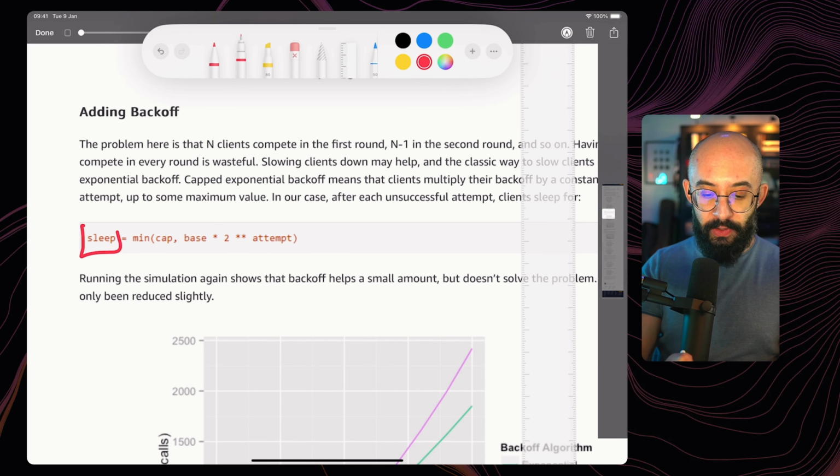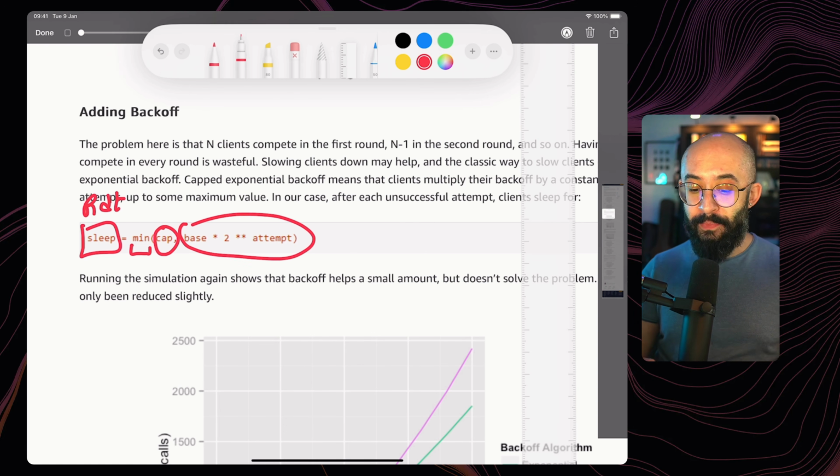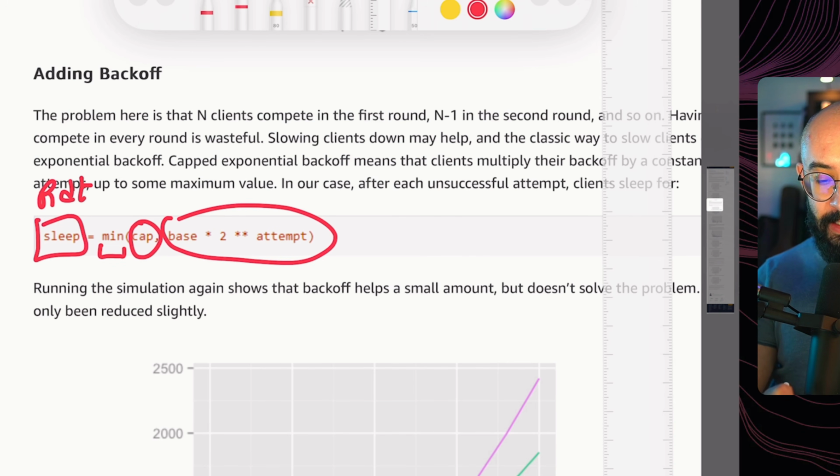First of all, sleep over here is basically our RDT value. And then you will notice here that they have the min function. And the min is between two values, the cap and then this value over here. Why? Because this value is basically base multiplied by 2 to the power attempt.